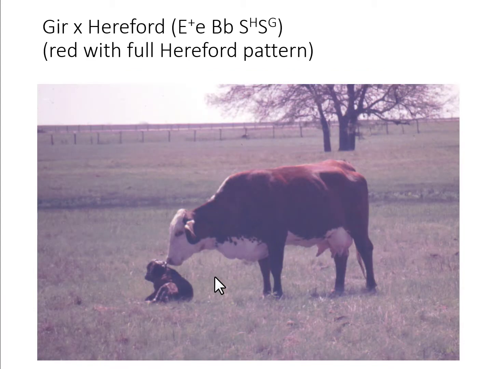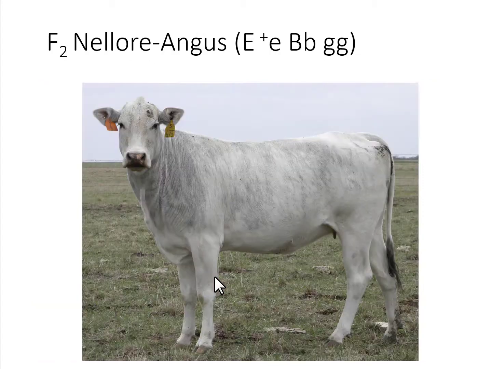Okay. So here we have a Gyr crossed with a Hereford, so it's going to be red and also have the full Hereford pattern. Next we see an Angus cross. So E plus is our most dominant, and we also have a heterozygote big B, little b, and two little g's.